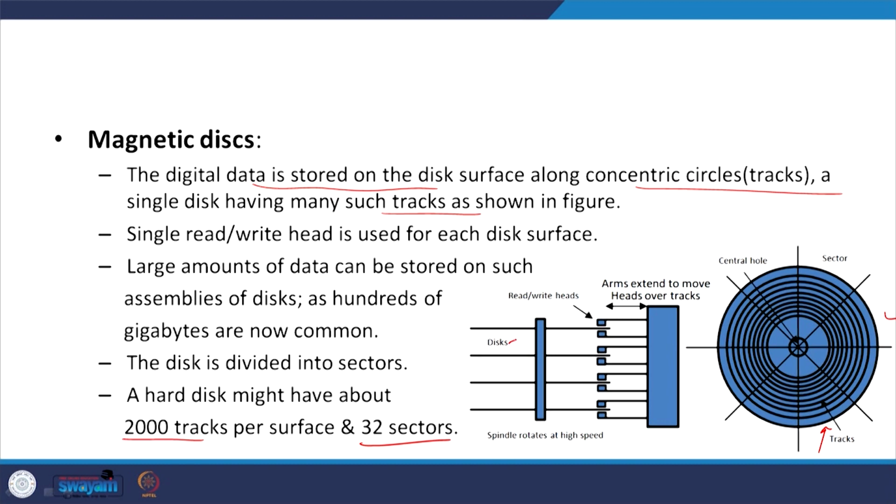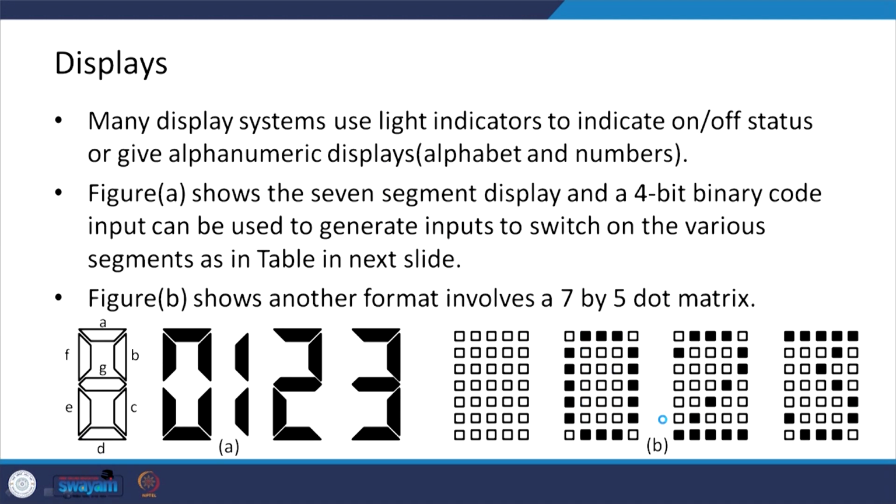So, we have the disk read and write heads, and an arm extends to move the heads over the track. Then let us come to the display devices. Many display systems use light indicators to indicate on off status or give alphanumeric displays, that is alphabets and numbers.